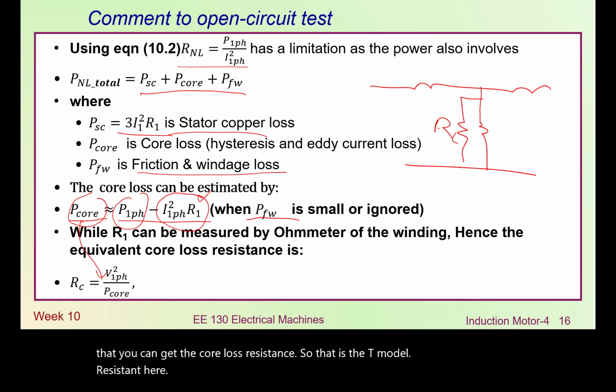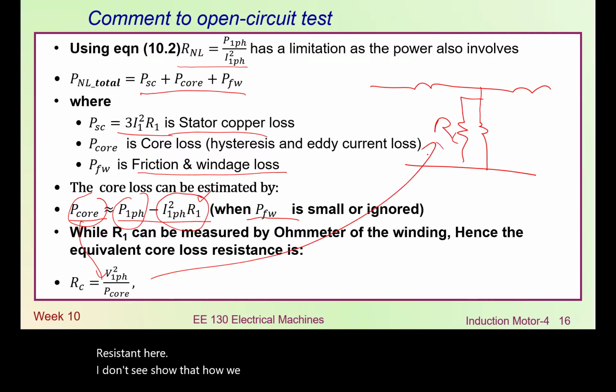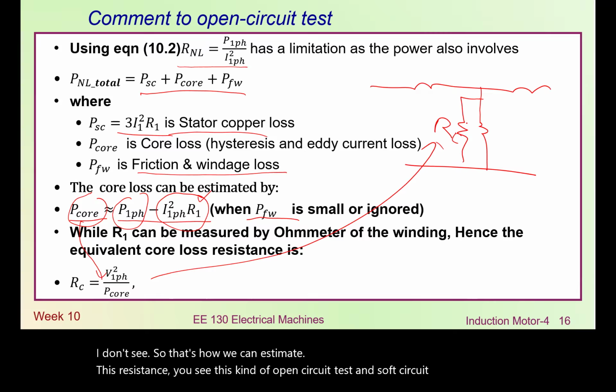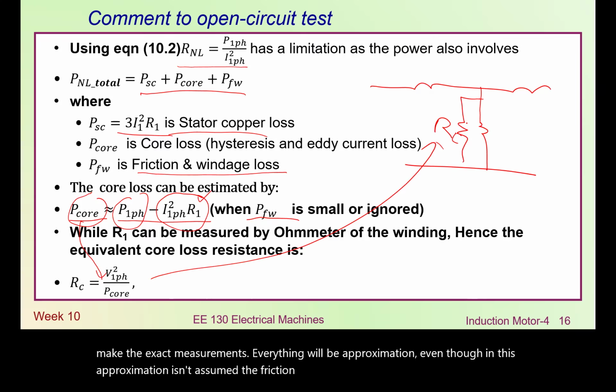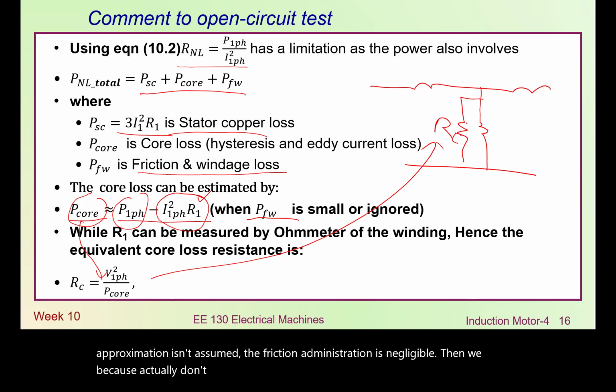So that's how we can estimate this resistance. You see, this kind of open circuit test and short circuit test can never make the exact measurement. Everything will be an approximation. In this approximation, we just assume the friction and windage loss is negligible, because actually we don't know. Rotating a motor, how do we know the friction and the windage loss?